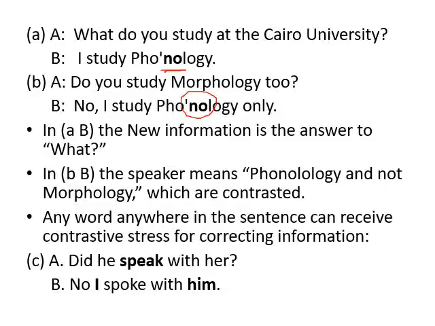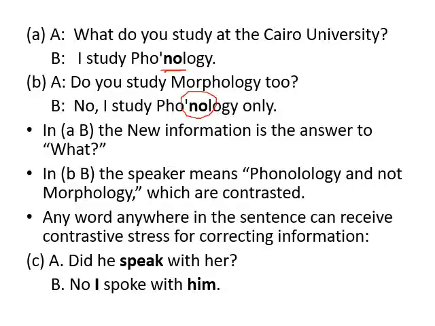هنا the stress, the answer to what يبقى the stress on phonology. This is normal sentence stress. ودي كمان is a content word. إنما لما أنا أسألك do you study morphology تعالى تقولي لا مش morphology ده phonology إلى آخره. فتبقى هنا contrastive. وممكن تبقى على function word.